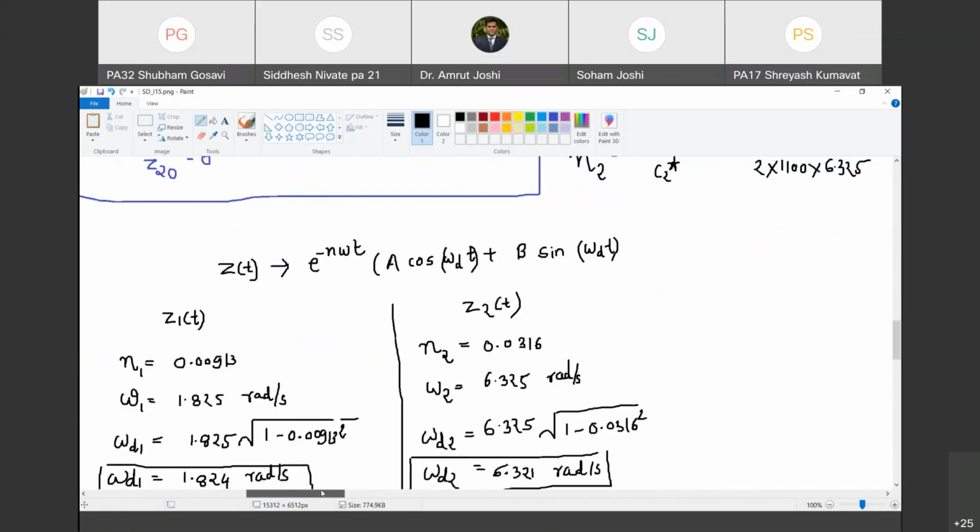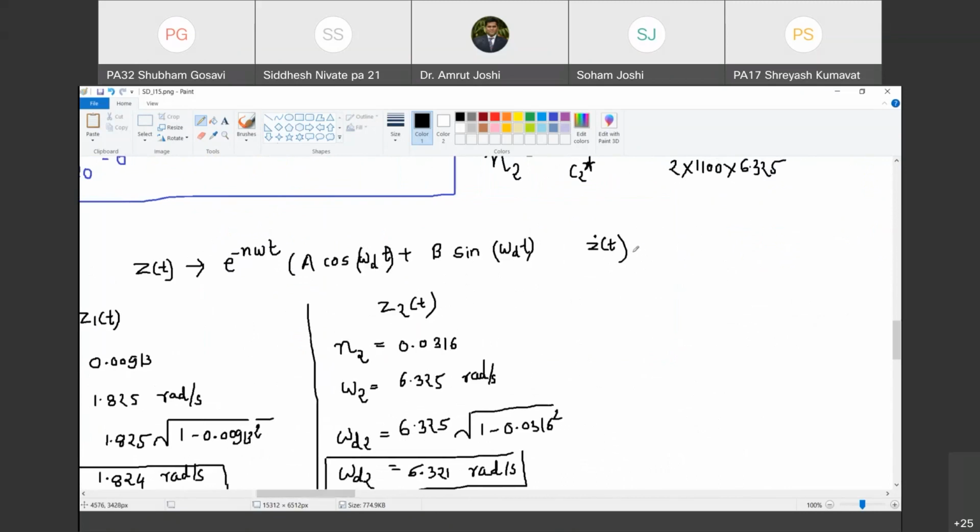So, if I apply the boundary condition here, can you tell me what will be z dot of t quickly? Z dot of t कैसे आएगा बोलो? तो पहले तो I will keep e raised to minus eta omega t as it is, and I will take the derivative of that bracket.